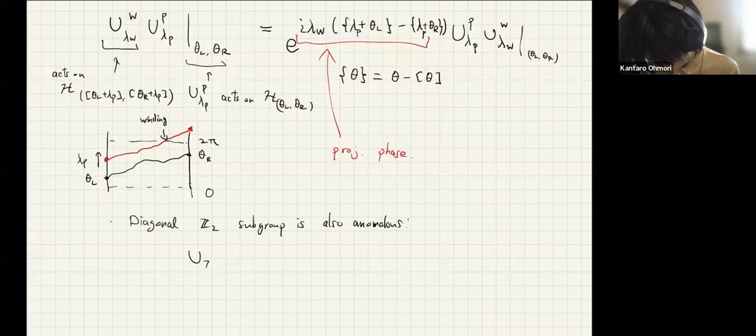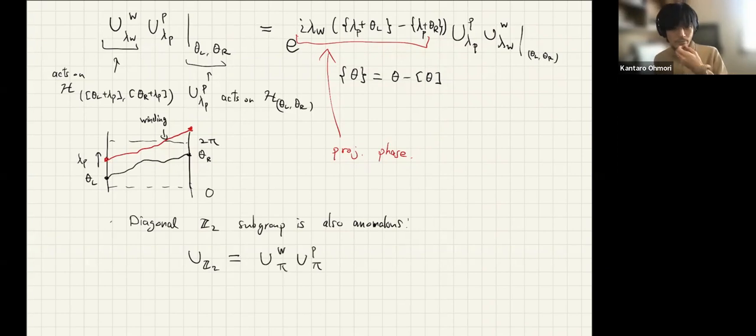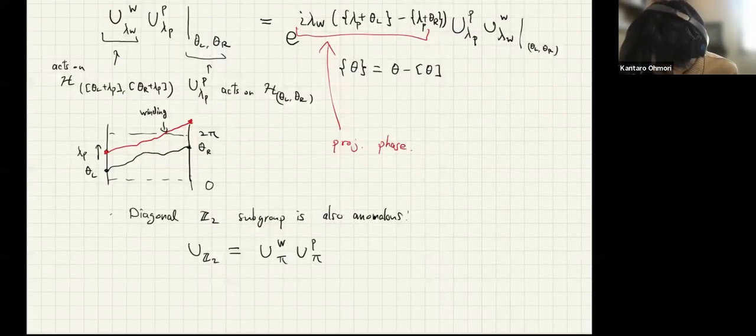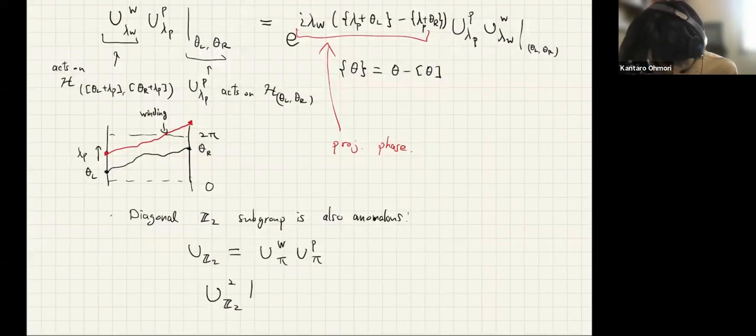If I define U of Z2 to be U_W(pi) U_P(pi), this is a pi rotation for both directions. So it's Z2, but there's a projective phase.